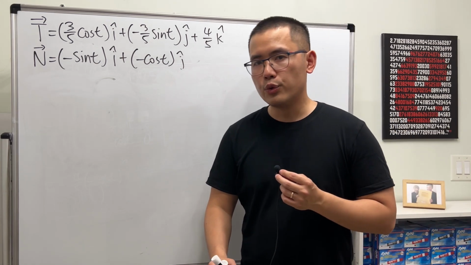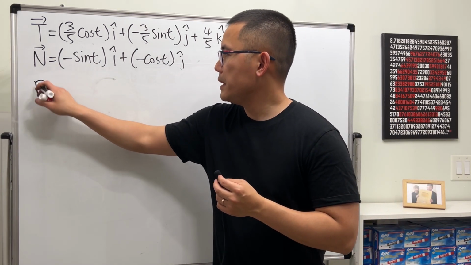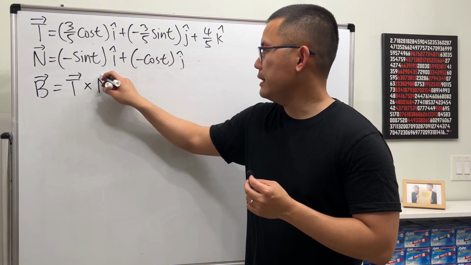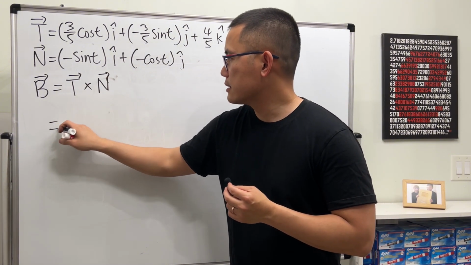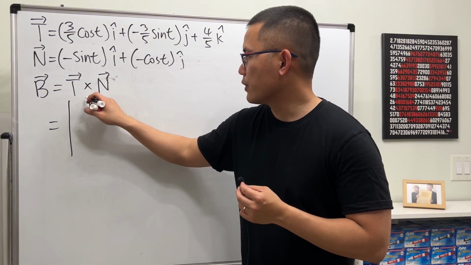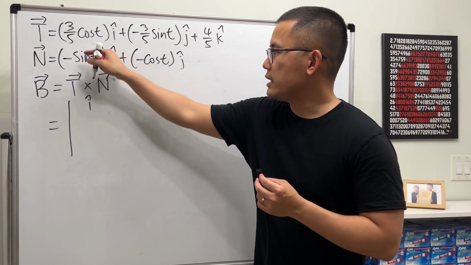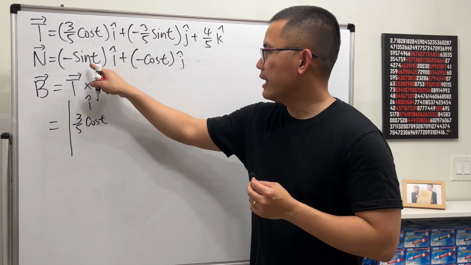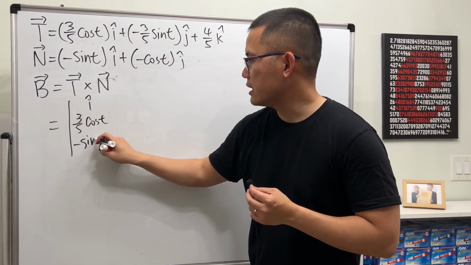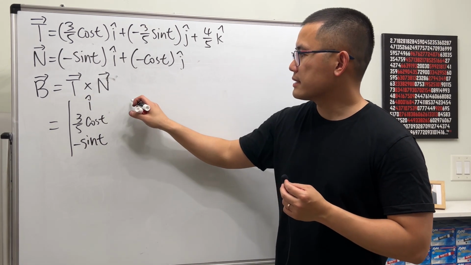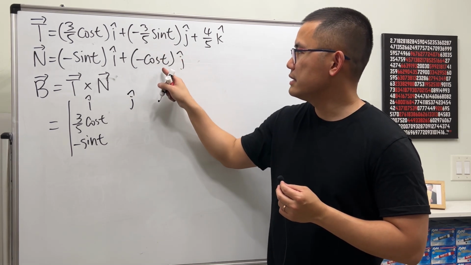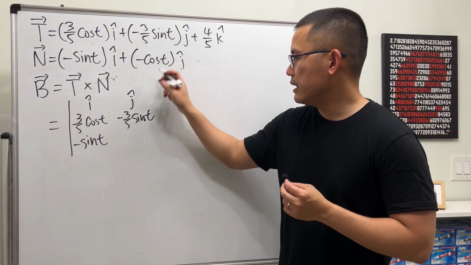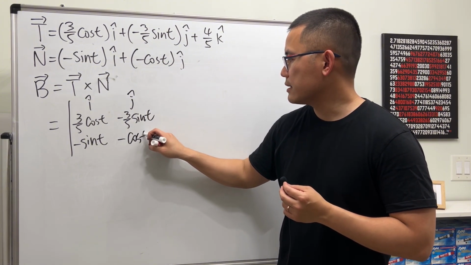Now we are going to find our unit binormal vector. B is defined to be T cross N. And let's set up our matrix. So for the i component, from T we have 3/5 cosine t, and then we have negative sine t from the N. Next, for the j component, we have negative 3/5 sine t, and then negative cosine t.